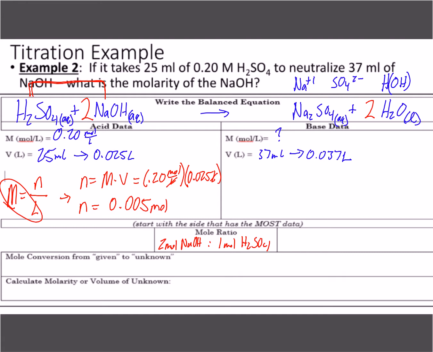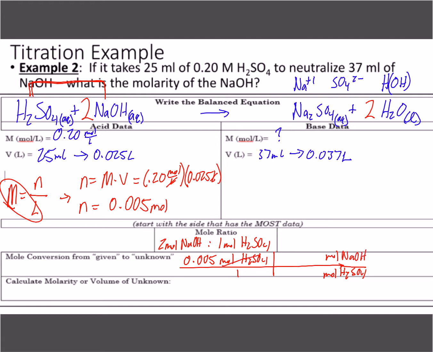It's a mole-to-mole problem. We're starting with 0.005 moles of H2SO4. The acid was our stock solution here. Then we are going to have moles of H2SO4 on the bottom and moles of NaOH on the top.